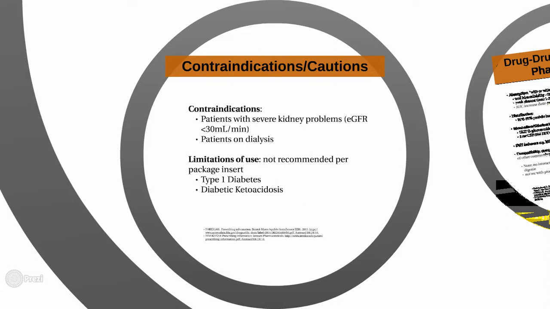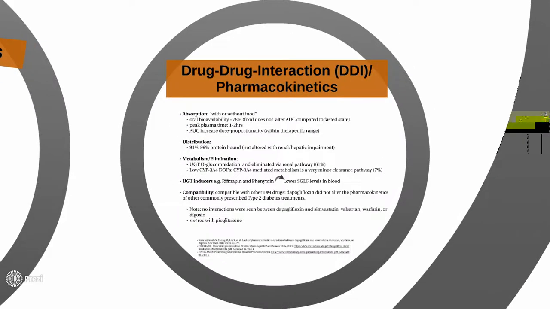There will be no sugar to excrete if the patient's kidneys are not working. Also, limitations of use are in patients with type 1 diabetes and diabetic ketoacidosis. I think that's mostly because they haven't been studied heavily in that area, but that's something that I wanted to note as well. So let's go into drug-drug interactions.